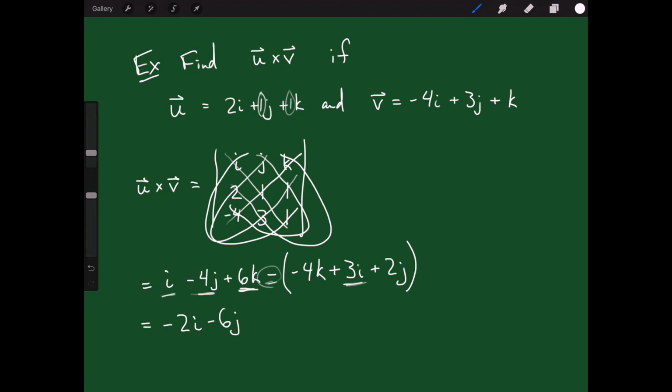And then I get 6k's minus 4k's, so plus 4k's, which is 10k's. So the cross of u and v in this case is this vector -2i minus 6j plus 10k. All right, so that kind of shows us how to take the cross of two vectors. Let me give you another example.